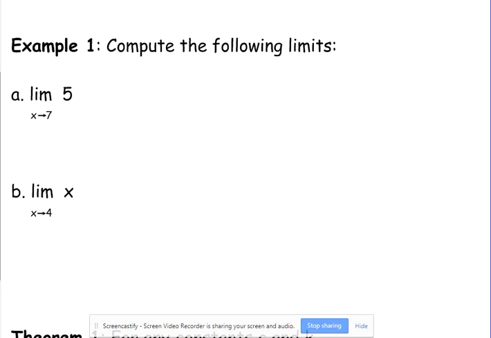So let's talk about the limit as x approaches 7 of the function 5. A lot of times limits are easier to think about if we have a graph. So let's sketch a quick graph of the function 5. It's that simple one that you did way back when that you kind of forget. If your function is equal to 5, that means your y values are always equal to 5.